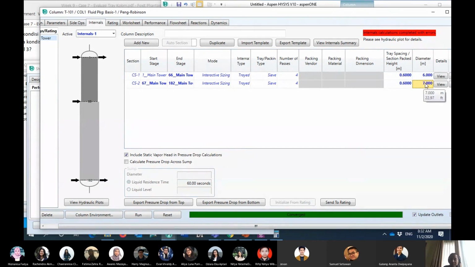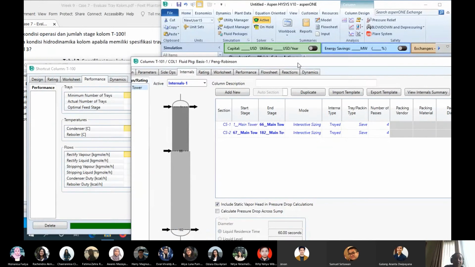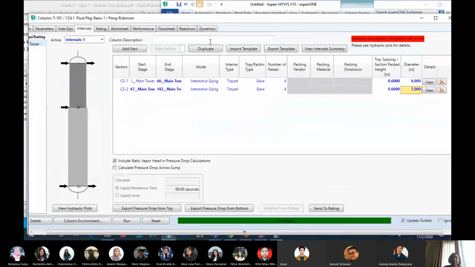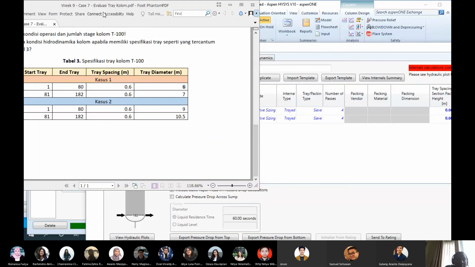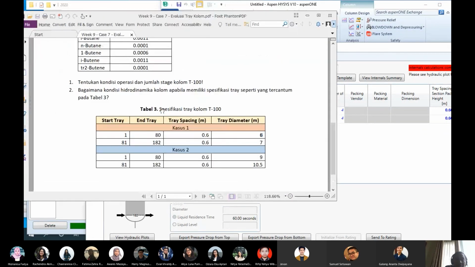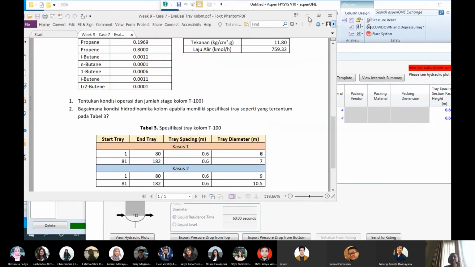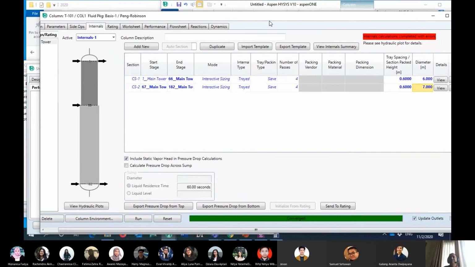I think it's not the sieve tray. It should be mentioned in here. Okay, not mentioned, but it's okay. How do we know whether our evaluation is okay or not related to the hydrodynamic condition?